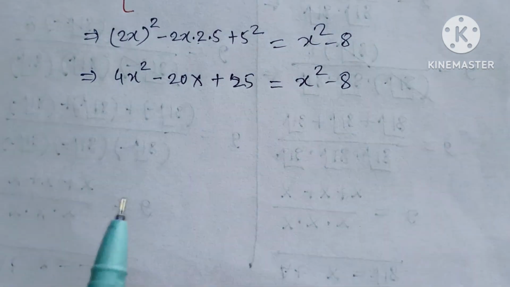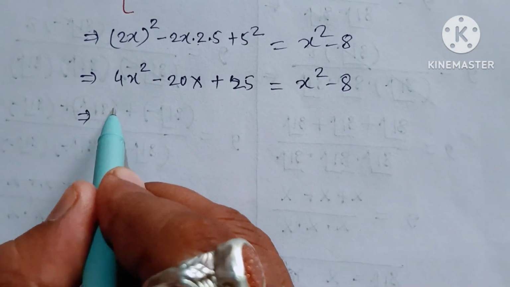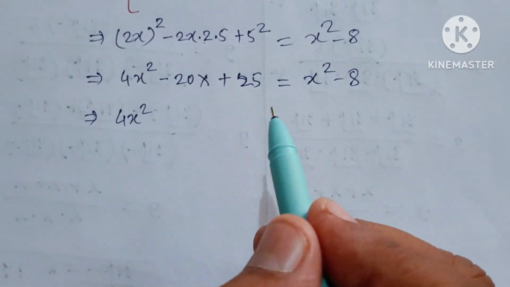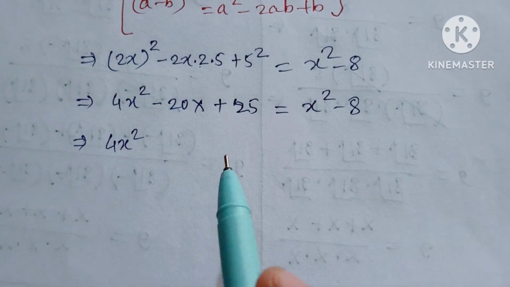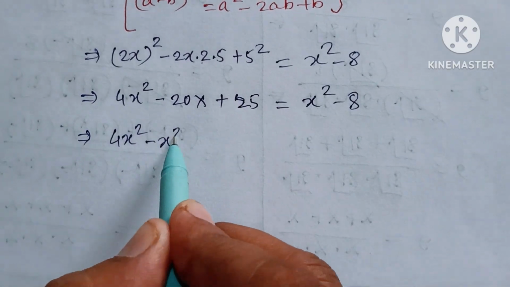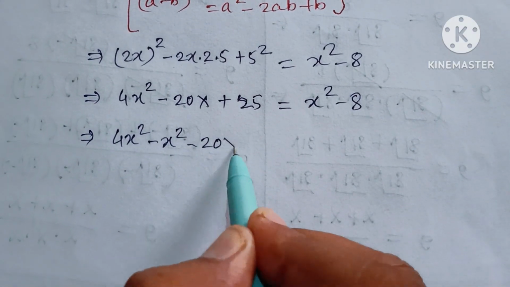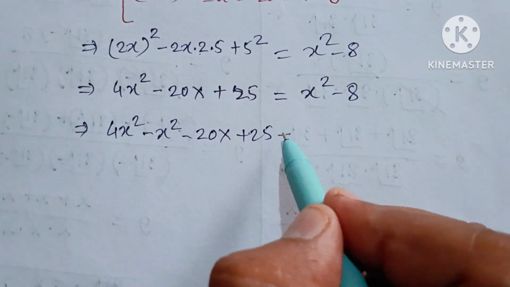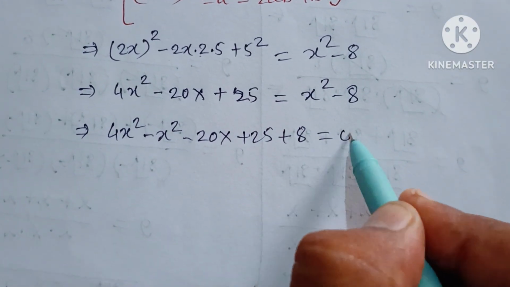We can write here 4x square, transfer this x square from RHS to LHS, so plus x square becomes minus x square, minus 20x plus 25, and minus 8 becomes plus 8 equal to 0.